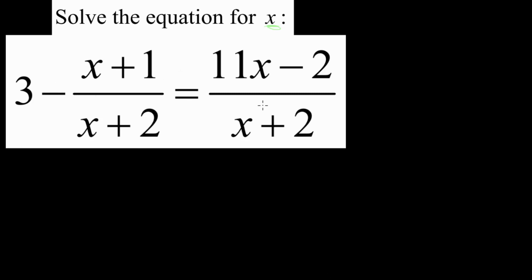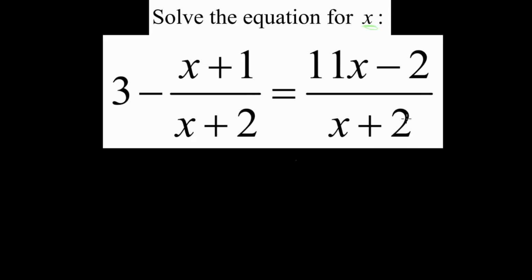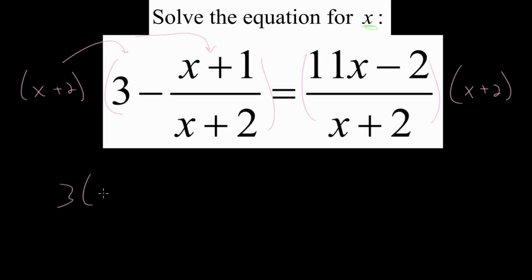So let's first start, and actually I could scroll back over. We're going to multiply each side of this equation, if I put this in parentheses, by x plus 2, and we'll do the same over here. Then this x plus 2 will just distribute to both of these. When it distributes to the 3, I'll first just write 3 multiplied by x plus 2.